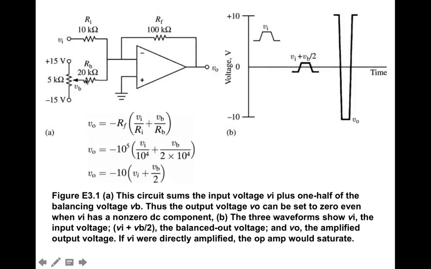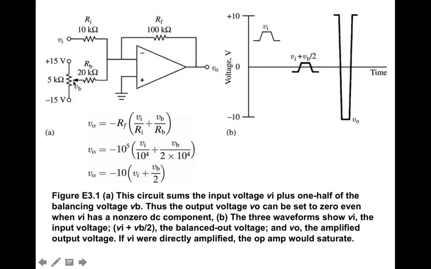The 20K is set up so that you get a ratio of whatever your V sub B is over 20K plus whatever your V sub I is over 10K, so that you're effectively adding that bias voltage in.